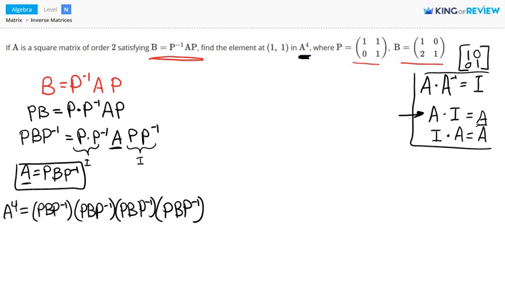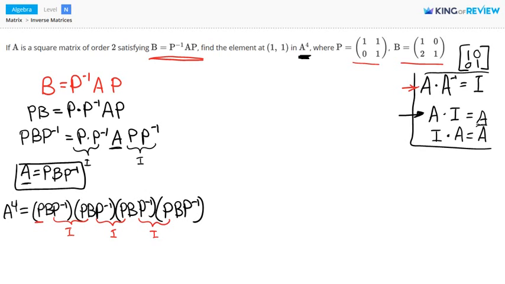And again, we're going to consider this rule here. If we have A times its inverse, you're going to get the identity matrix. So let's look at this expansion of A to the 4th power. We see that we have P times its inverse, P times the inverse, P times the inverse here. So all of these become the identity matrix, and they drop out. And what's left?